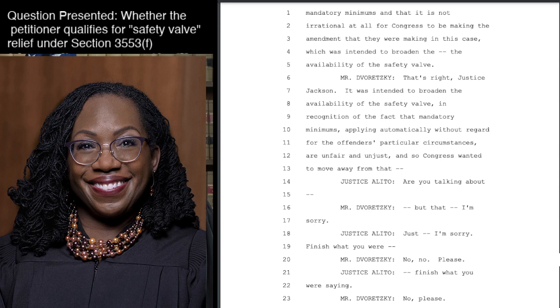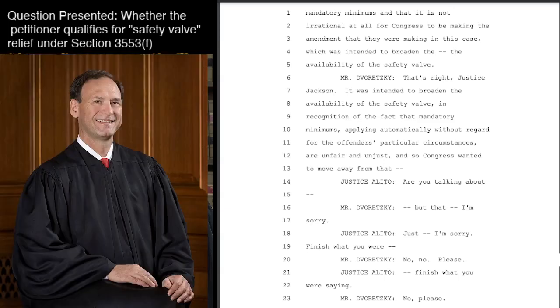That's right, Justice Jackson. It was intended to broaden the availability of the safety valve in recognition of the fact that mandatory minimums applying automatically without regard for the offender's particular circumstances are unfair and unjust. And so Congress wanted to move away from that. But I'm sorry. No, please. I didn't mean to interrupt.